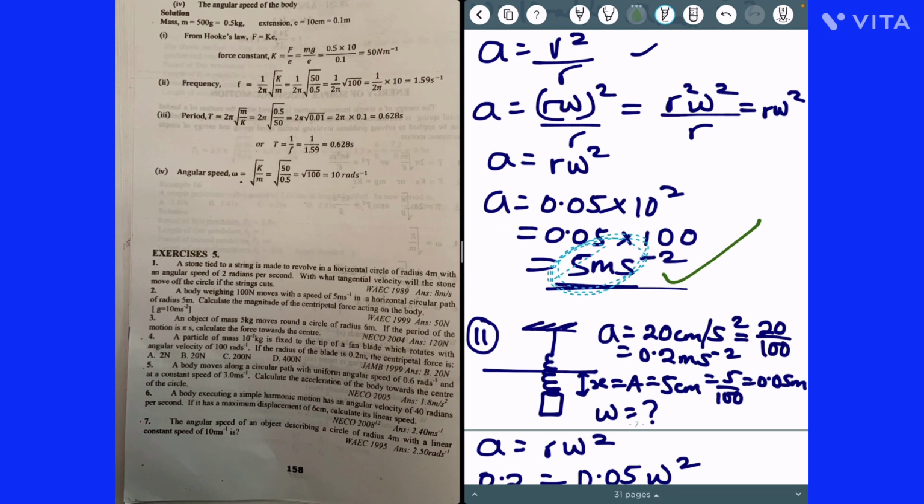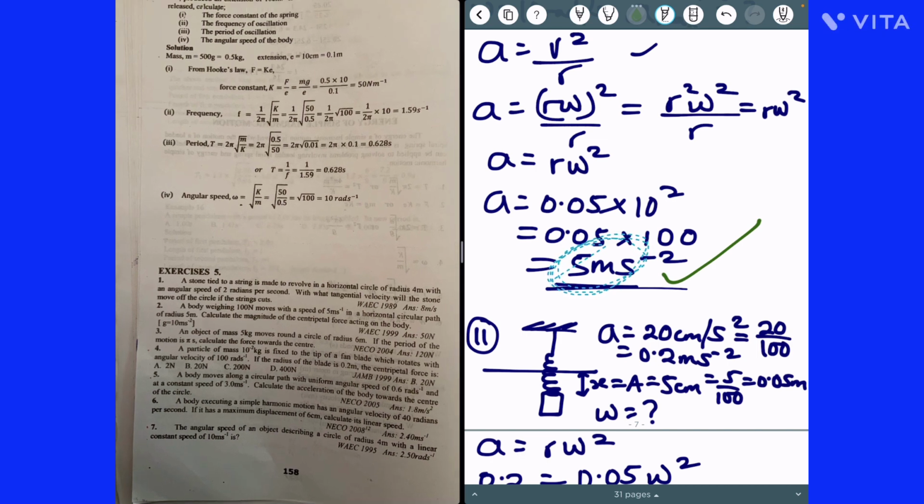A stone tied to a string is made to revolve in a horizontal circle of radius 7 centimeters with an angular speed of 4 radians per second. With what tangential velocity will the stone move off the circle if the string cuts? That's question 1.